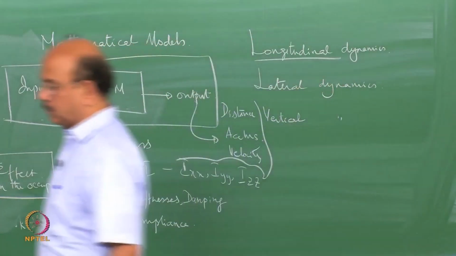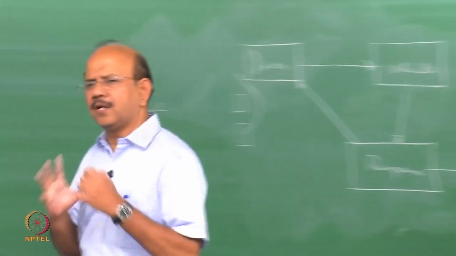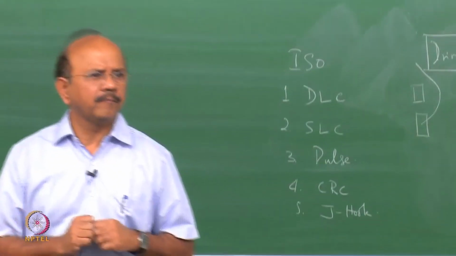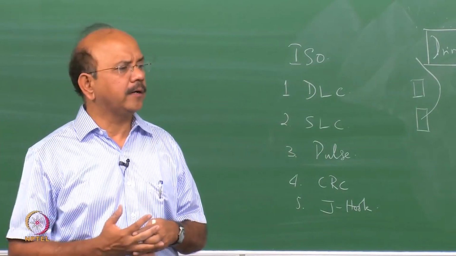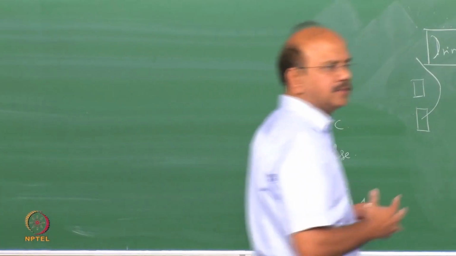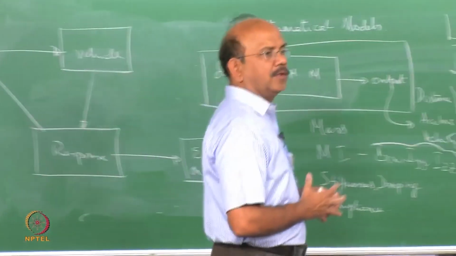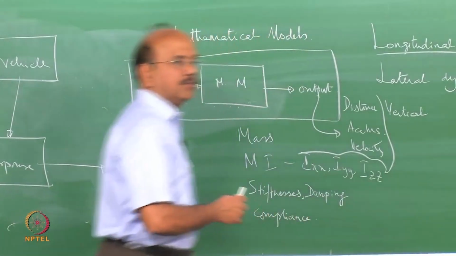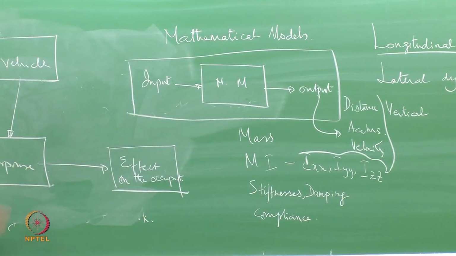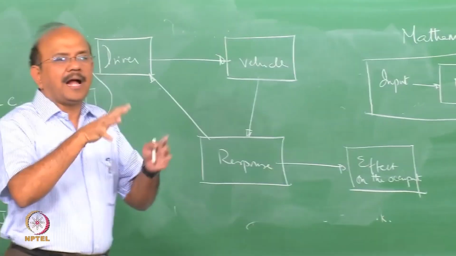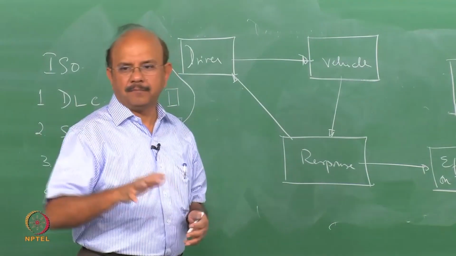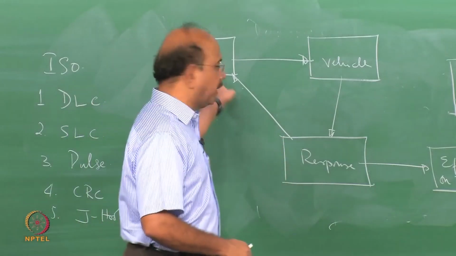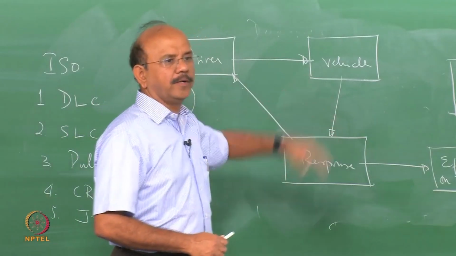Clear? Now, how is this related to, say for example, comfort? You may ask a question, okay, you get acceleration, how do I deduce my comfort levels? In other words, what is the effect? So, response is the output. Yes, I can understand that if the braking is not happening as the driver wishes, maybe he can press the brakes hard, fine, that I understand, from braking distance.